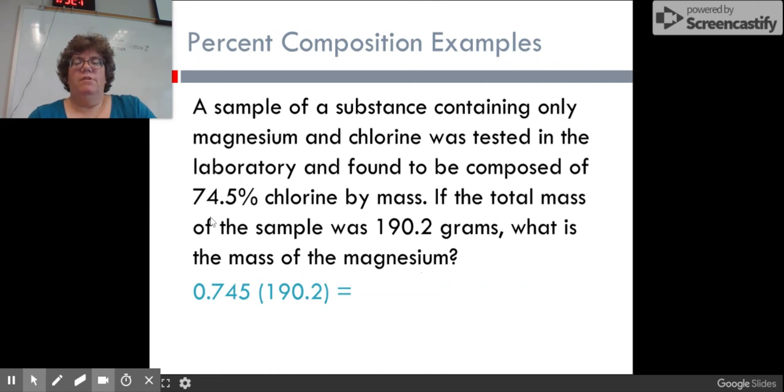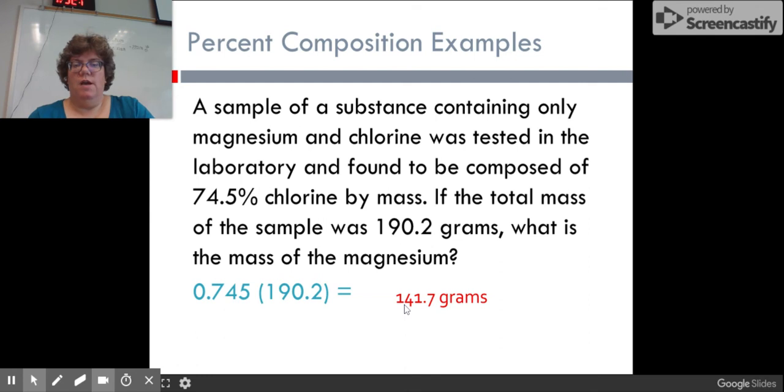So 75% of it is chlorine, or 74.5, which means that 25.5% of it is magnesium. If we work out this problem, 0.745, that's the percent written as a decimal, times the total mass is 141.7 grams. So 141.7 grams of this 190 grams is chlorine.